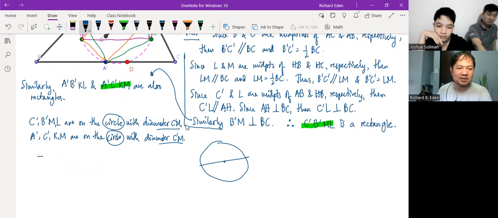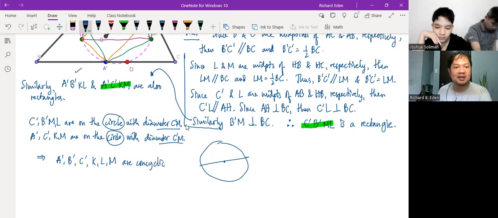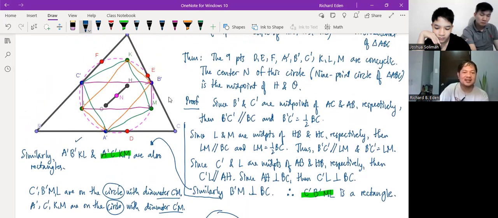Okay, so from these two statements, this means A prime, B prime, C prime, and then K, L, M are concyclic. So actually, di na nga pala natin kailangan ng A prime, B prime, K, L. Okay, but here kasi, with the two circles, we were already able to capture 6 points: A prime, B prime, C prime, K, L, M. So ano na lang ang kailangan nating isali?